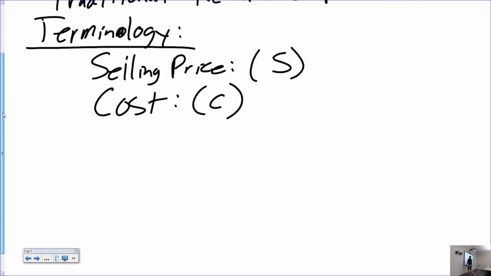And then the last term is the markup. What do you think the markup is? You paid for it, but you're selling it for.